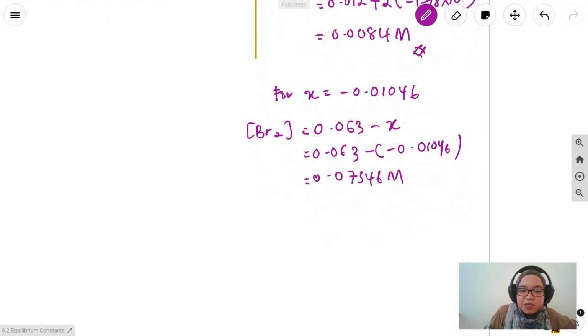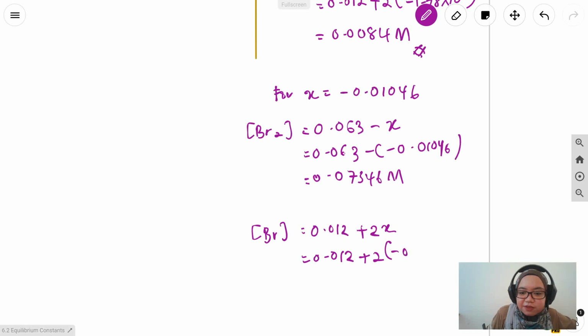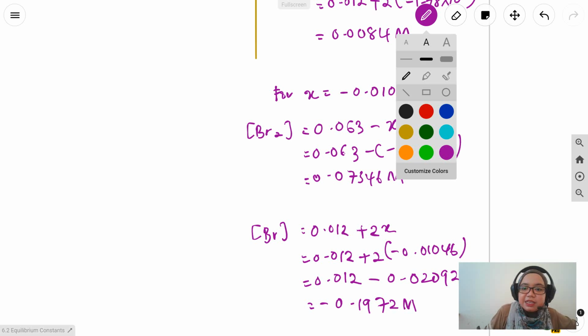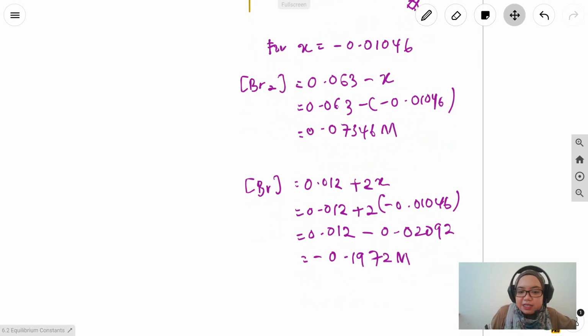For Br, the concentration is 0.012 plus 2x, so 0.012 plus 2 times negative 0.01046 equals 0.012 minus 0.02092, so we get negative 0.00892 molar.